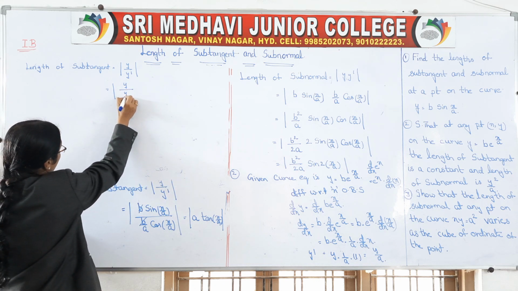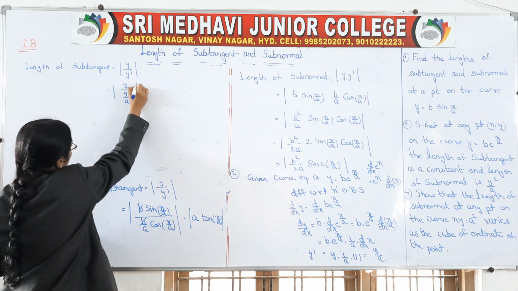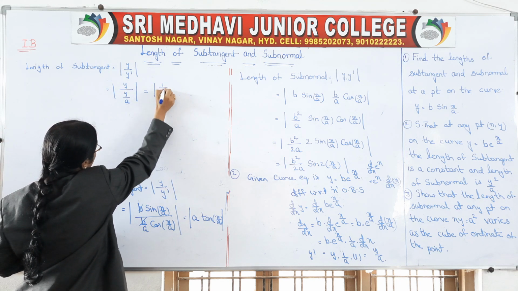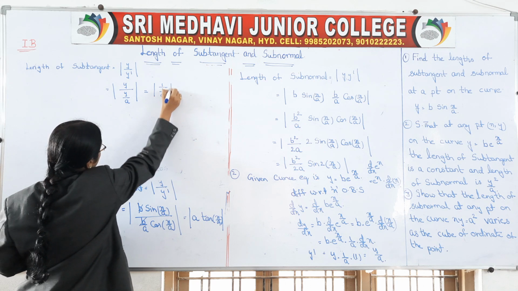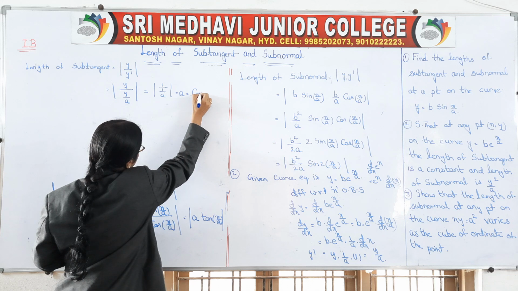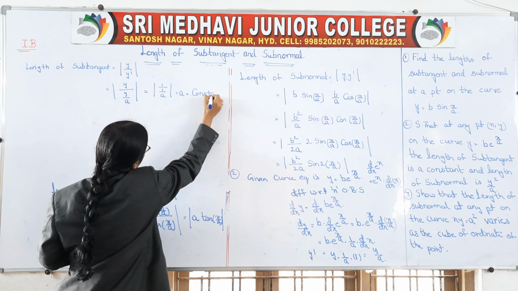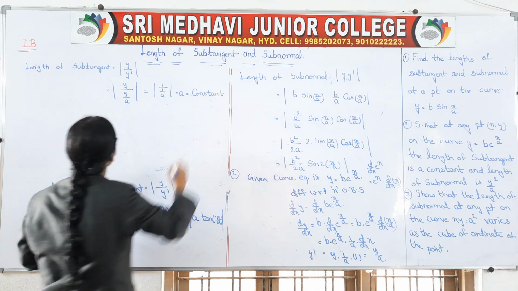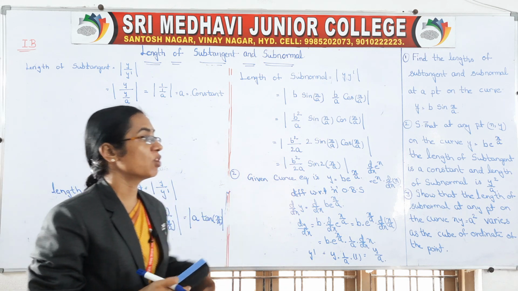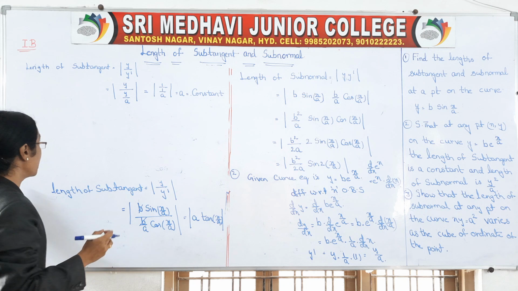So y gets cancelled, and 1 by 1 by a is equal to a, which is a constant. See the question: prove that the length of subtangent is constant and length of subnormal is y square by a.